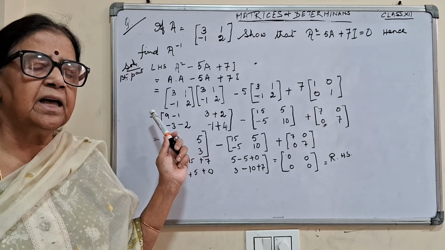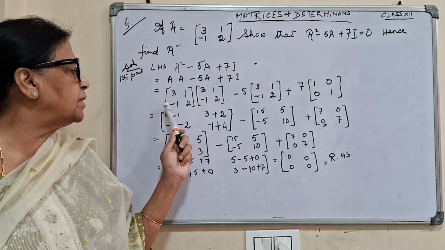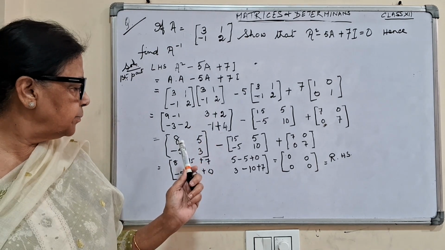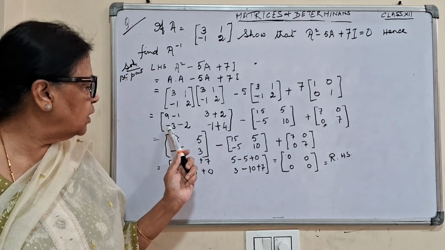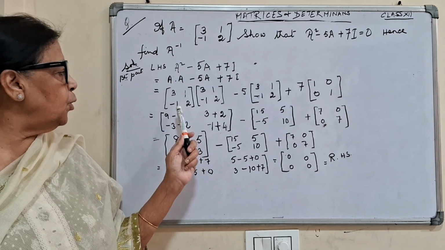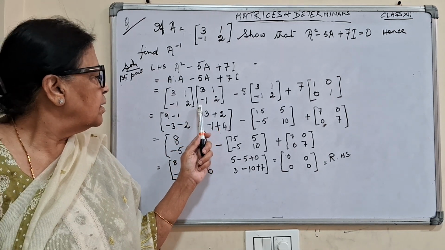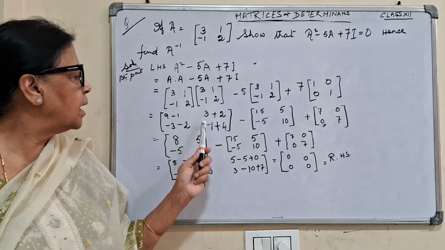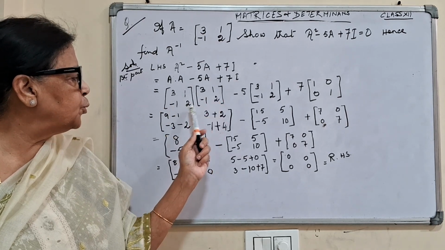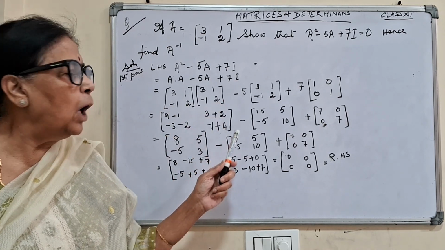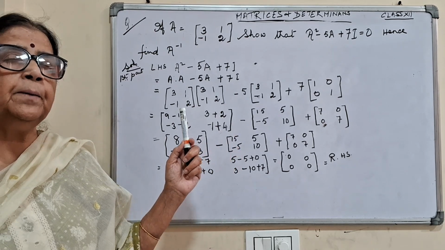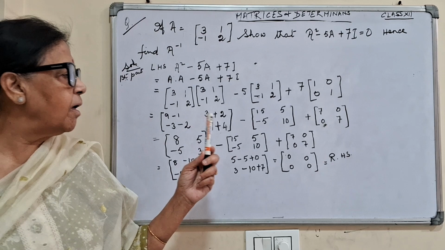Next, the second row into the first column, I get minus 3 minus 2. Second row into the second column is minus 1, 2 twos are 4. Now 5A means multiply each element with 5.